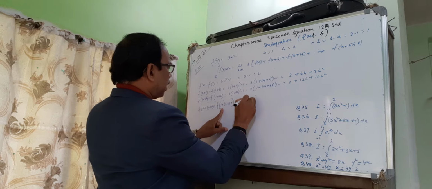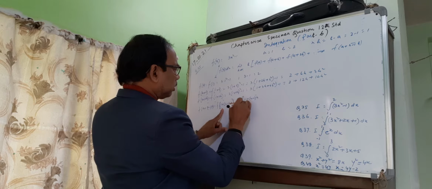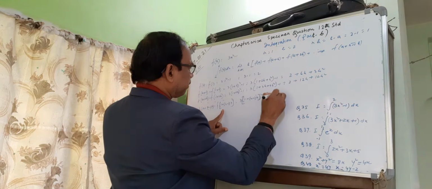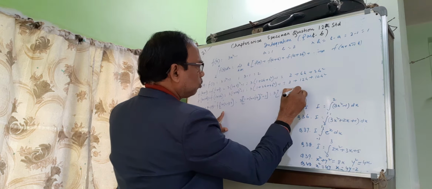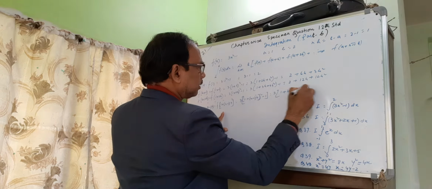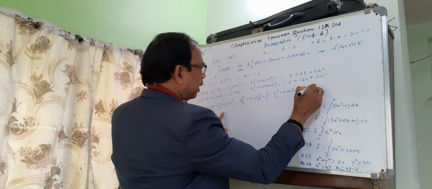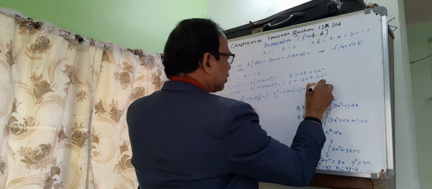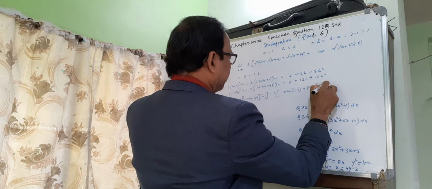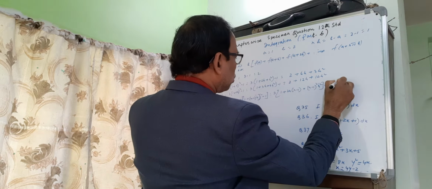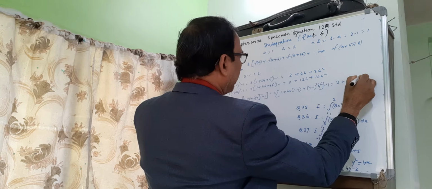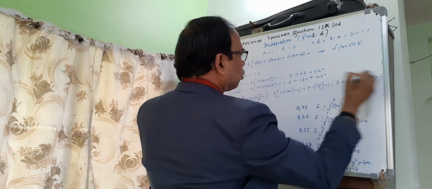Put it here: 3 into (1 plus (n minus 1)h) whole square minus 1, equals 3 into (1 plus 2h(n minus 1) plus (n minus 1) whole square h square) minus 1, that is 3 minus 1 is 2, plus 6h into (n minus 1), plus 3h square (n minus 1) whole square.